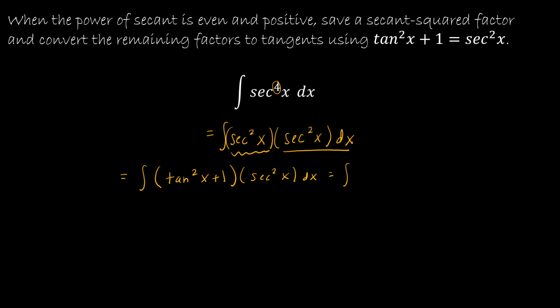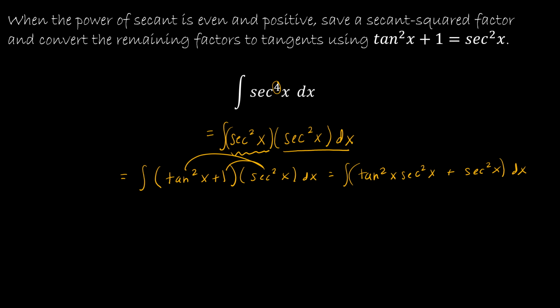So now I have tangent squared x secant squared x plus secant squared x, all with respect to x. So essentially, I'm just going to look at each part separately.